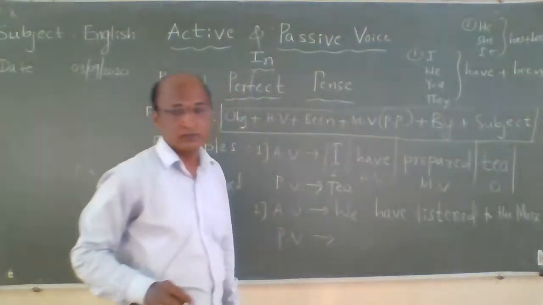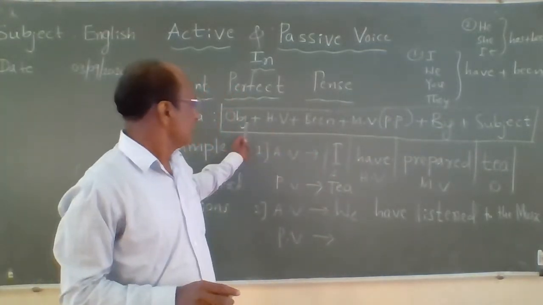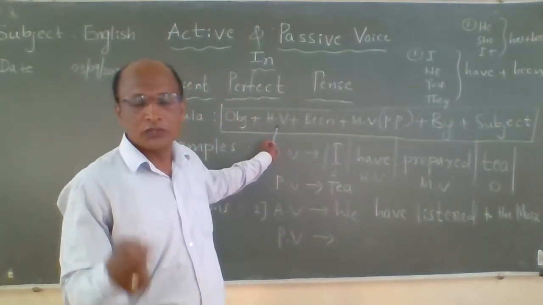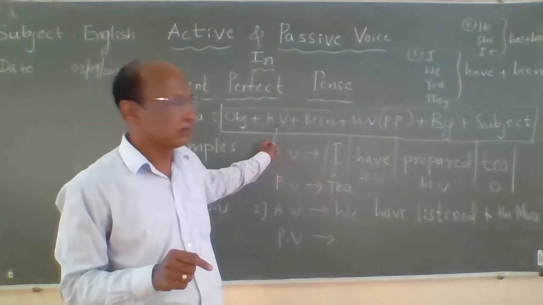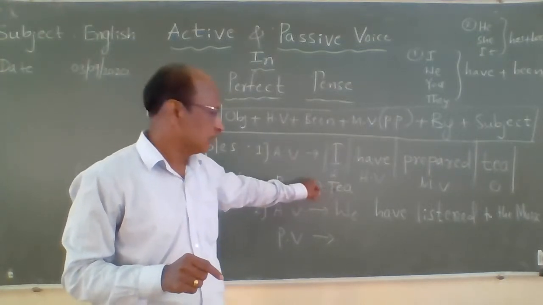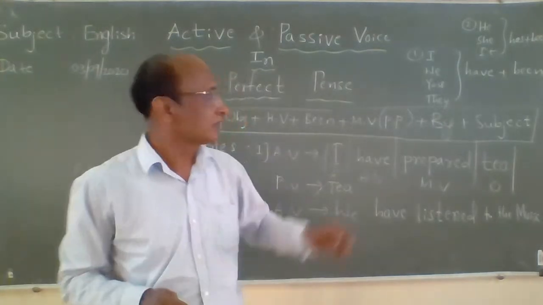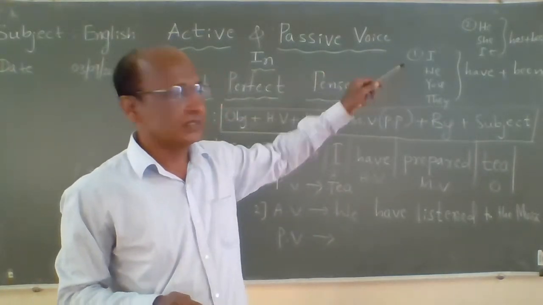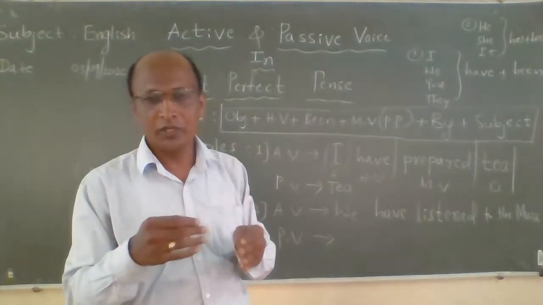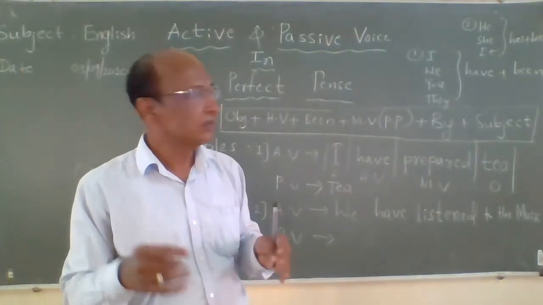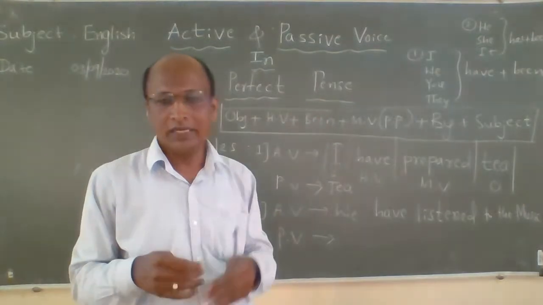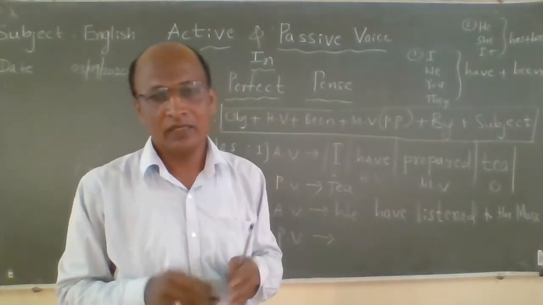After the object, what should we use next? Helping verb. After tea, which helping verb do we use? See, for he, she, it, we should use has plus been. For I, we, you, they, we should use have plus been.